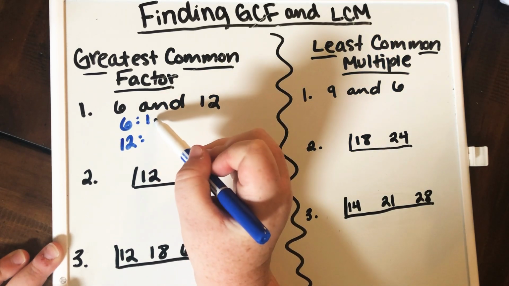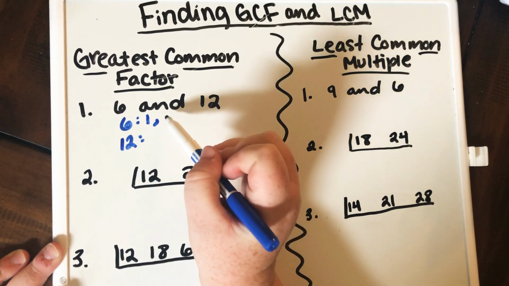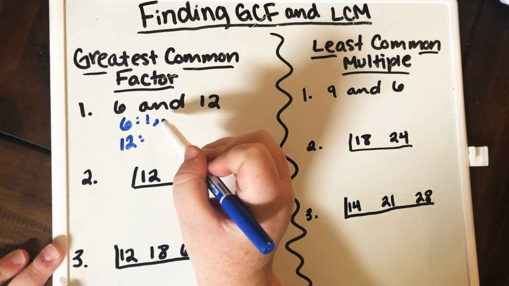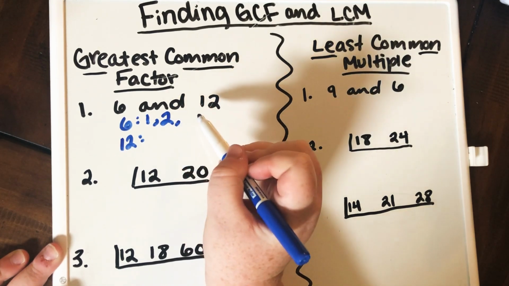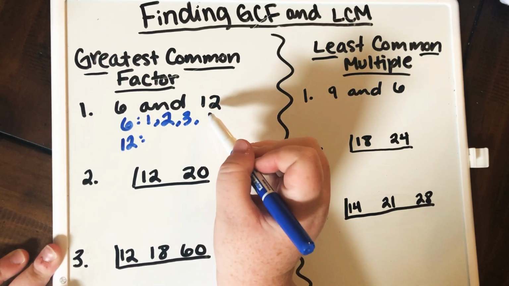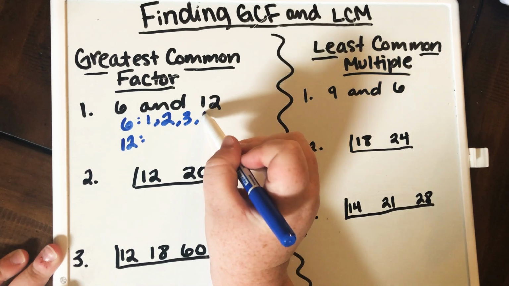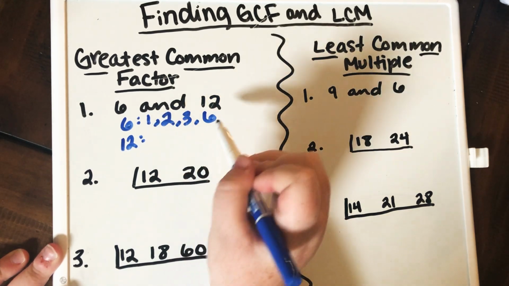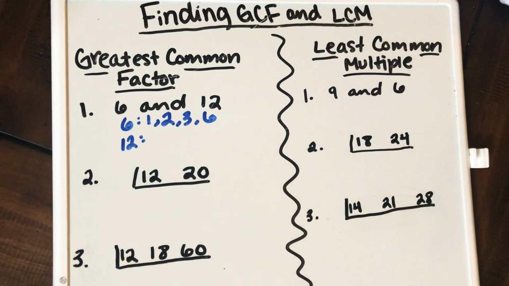So I know that 1, I can multiply 1 times 6, but I like to write them in order. I can also multiply 2 to get to 6. I can multiply 3 to get to 6, not 4, not 5, so then I'll skip to 6. And those are all the factors for the number 6.